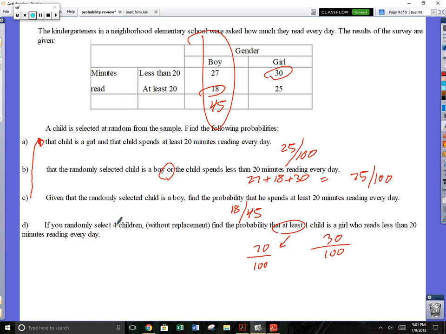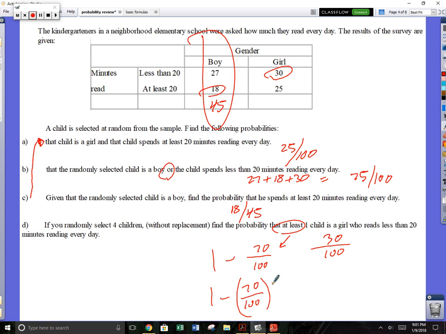So I am choosing 4 kids, so there's 4 events. So I'm going to go 1 minus, okay, this one is an excellent question. This is very, very good. So it's going to be 1 minus, now I've got 70 chances out of 100.